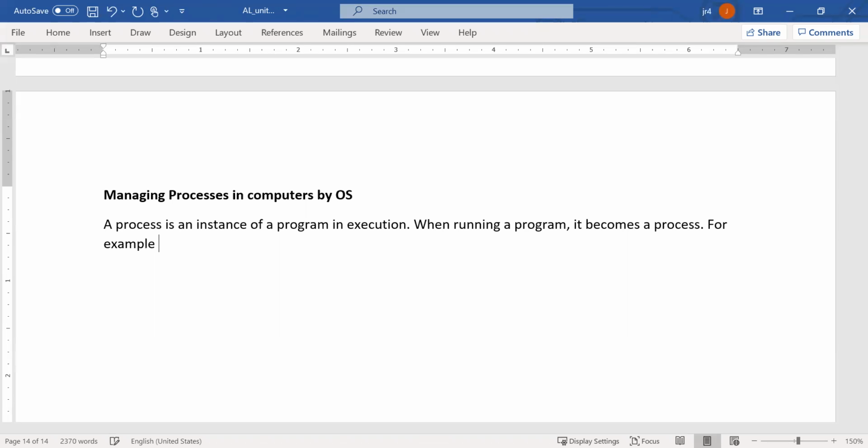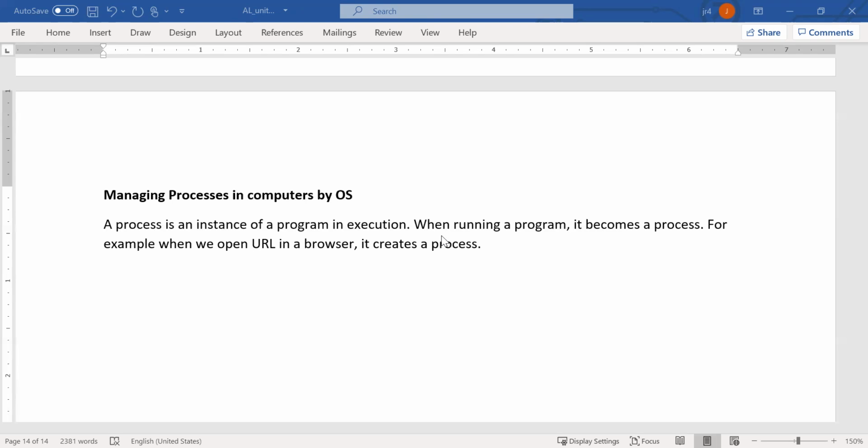For example, when we open a URL in a browser, it creates a process.